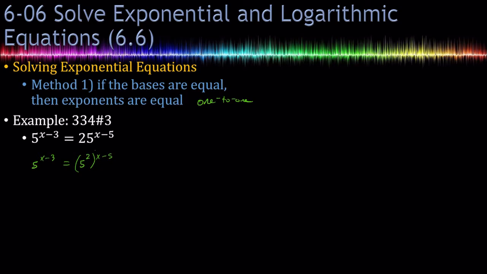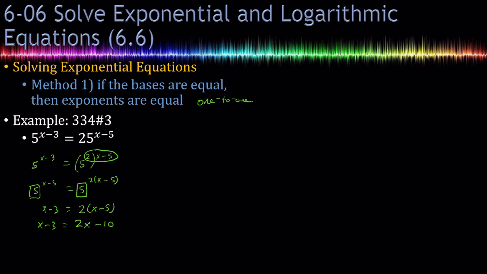And then we have an exponent, parenthesis exponent, which says I should multiply those exponents together. So it'll be 2 times x minus 5. And now the bases are equal. Therefore, the exponents must be equal. And then just finish solving.